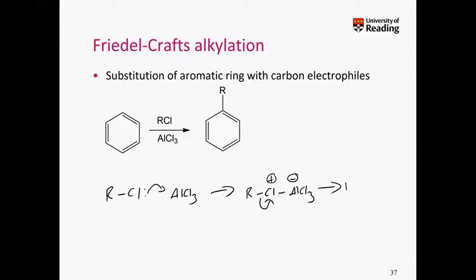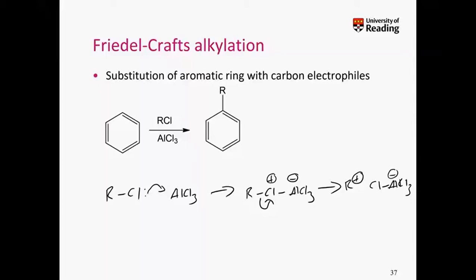And what that gives you is R plus, and then you've got Cl, Al, Cl3 minus. So all it is again is just a way of generating an electrophile, a really strong electrophile, and this one is R plus.